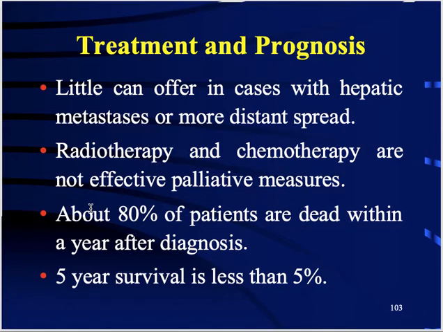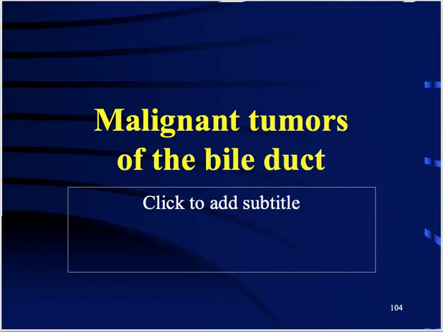Most of the patients who have gallbladder cancer, when it is diagnosed, it is already at an advanced stage, and that's why the 5-year survival rate of this cancer is less than 5%, right? So if the tumor is diagnosed at T1 stage, the prognosis is very good. But when the tumor is not diagnosed at early stages, the prognosis is not good, and the 5-year survival rate is not good.